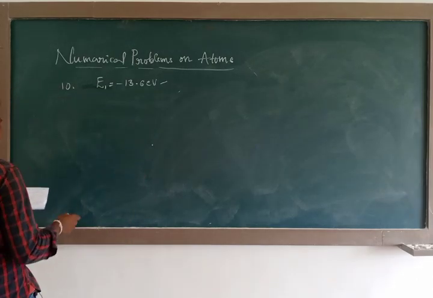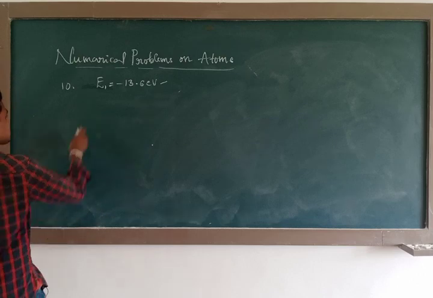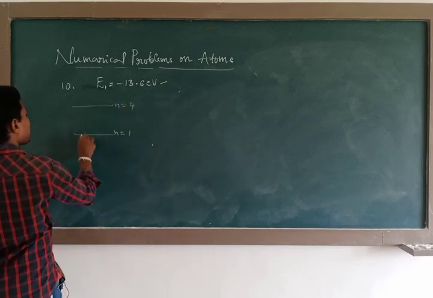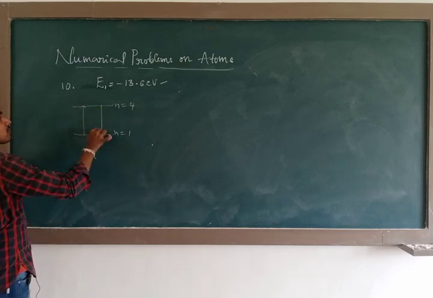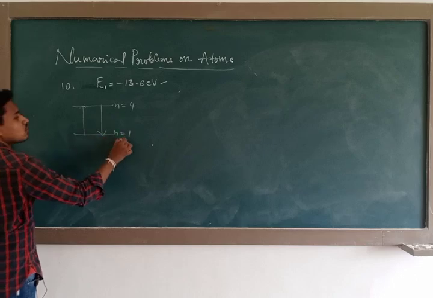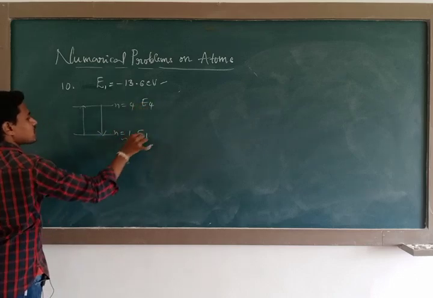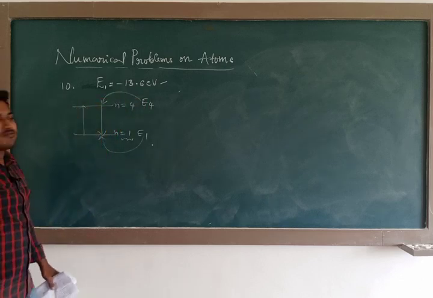If the electron jumps to the ground state, say n is equal to 4 and n is equal to 1. 1 to 4 is the third excitation. Suppose the electron jumps from that third excitation to the ground state, say from E4 to E1, yes or no? The energy of this is E1, the energy of the excited state is E4.